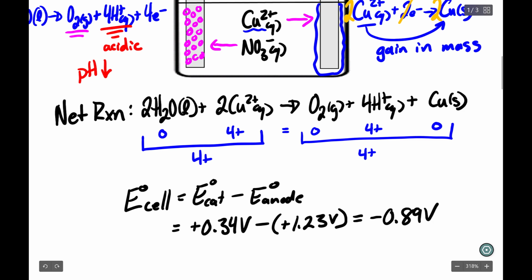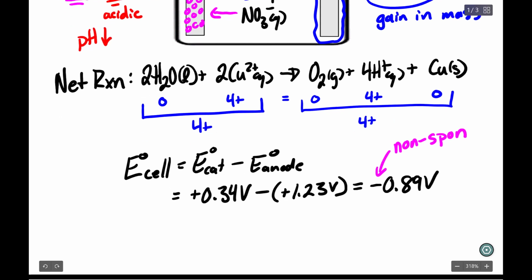So you'll notice that we have a negative electric potential, which means this is non-spontaneous, that it means it's consuming electricity, and it's turning this into chemical potential energy.